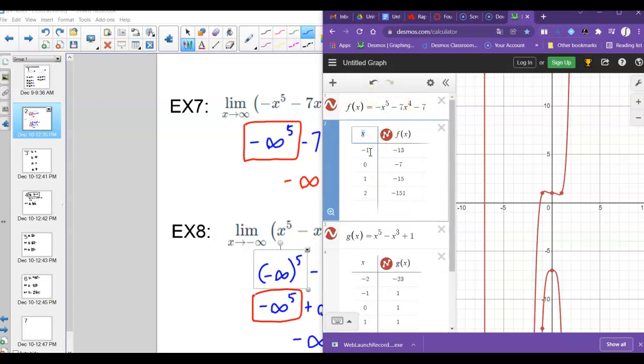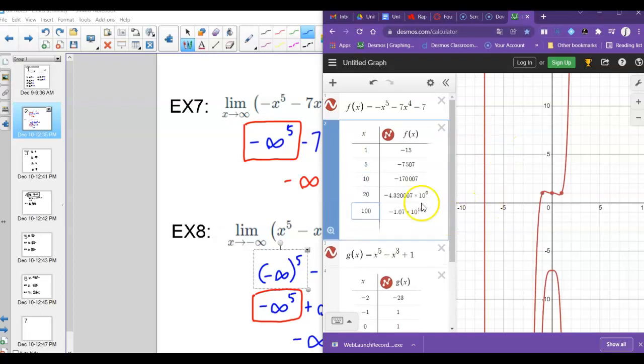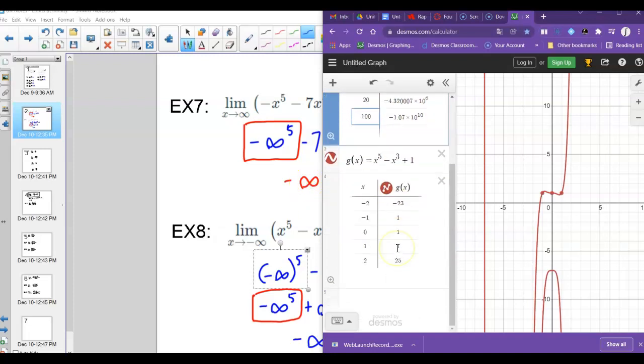If we plug in numbers like 1, 5, 10, 20, 100, you can see that these are becoming more and more negative. Here you've got 10 to the 10th power, so those are just getting bigger, so that approaches negative infinity.